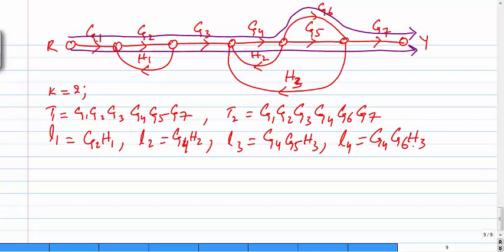So these are the possible loops. So we have 4 loops here.